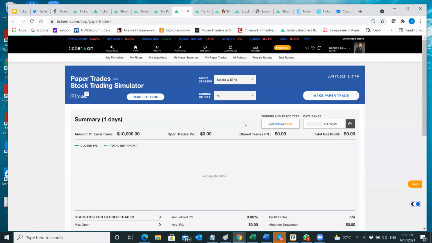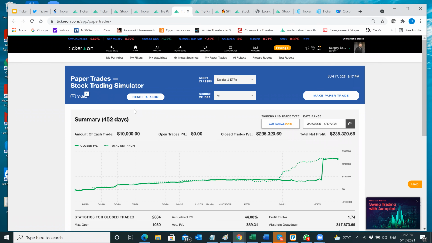Okay. And then this is my paper trades. As you can see, let's load all the statistics. You see the statistic is being calculated. Let's wait. So then you're going to see how many days I've been doing these paper trades.